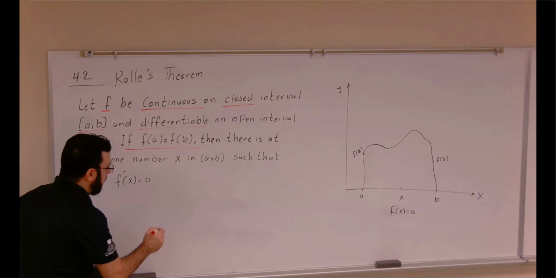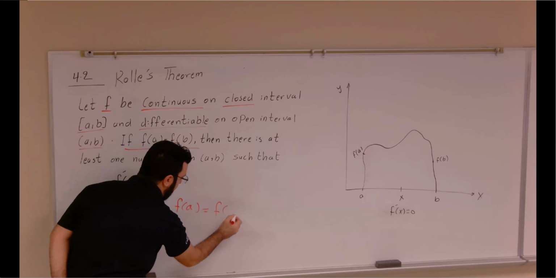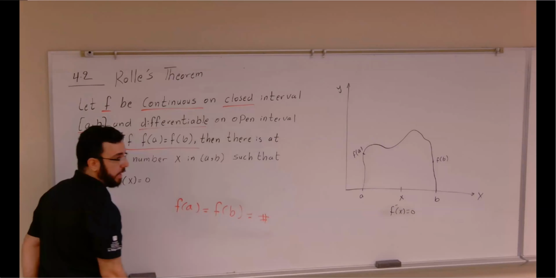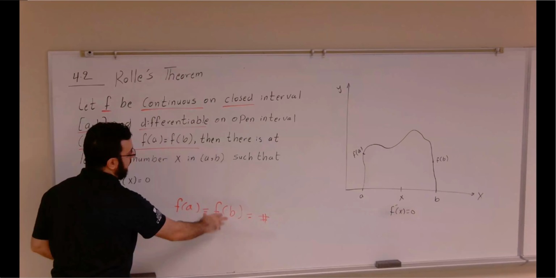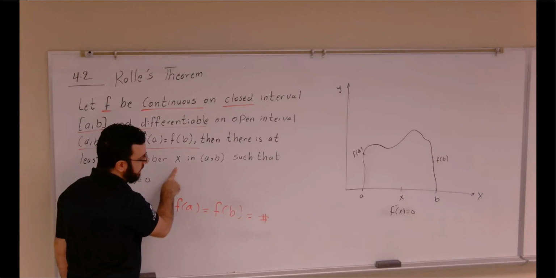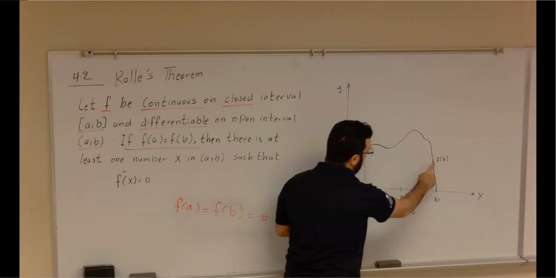Then you prove that f(a) equals f(b). That means you plug in, and f(a) should be equal to f(b), equal to any number. If this condition is also satisfied, that means there exists a number x. So here is a and here is b, and this point should be here.